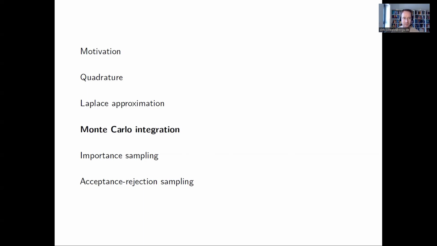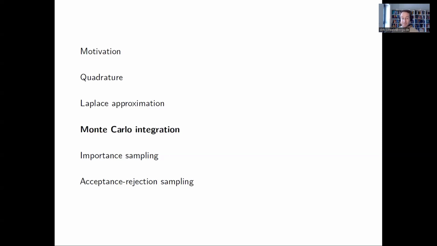The last thing that I want to discuss is Monte Carlo integration, because if you look at numerical Bayesian inference, that's what everybody seems to be mainly concerned with. People don't talk much about quadrature or Laplace approximation, but Monte Carlo integration, so using random number generators, that's big on everybody's mind.